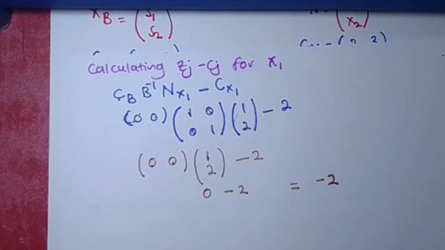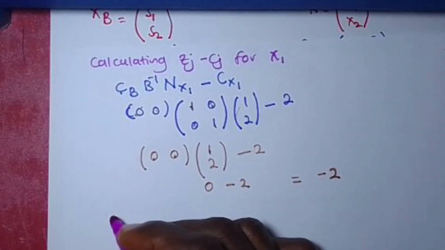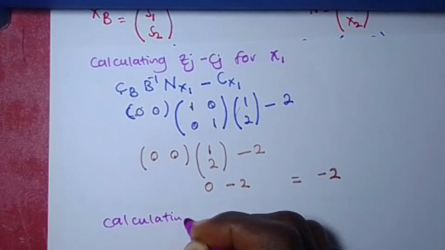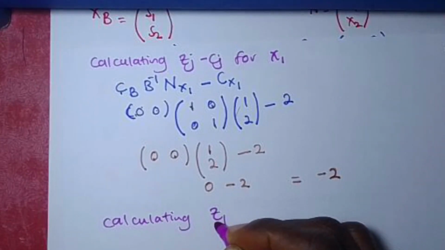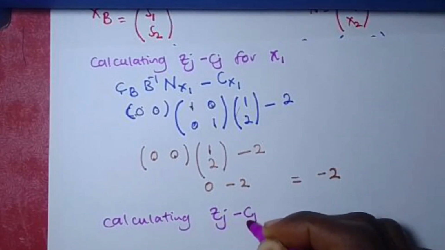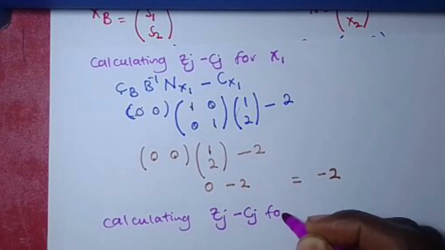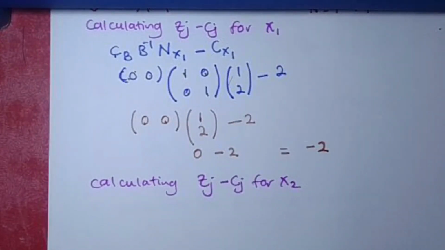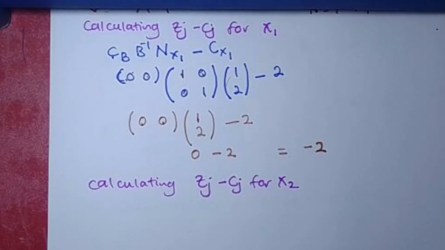Now, let us compute also the one for x2. Calculating zj minus cj for x2. To calculate for x2, simply substitute those values the way it is.